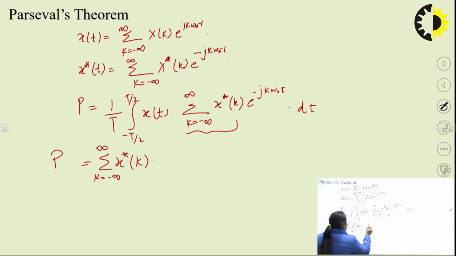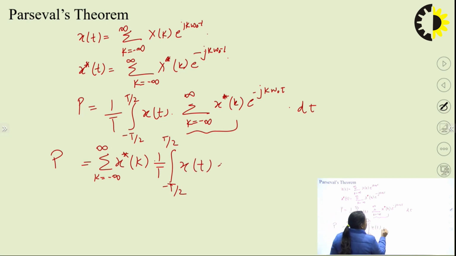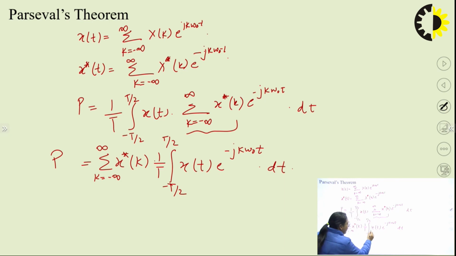And I can write 1 by T outside as well, with the integral from minus T by 2 to T by 2 of x(t) e raised to the power minus j k omega naught t dt. This integral from minus T by 2 to T by 2 is over one period of the signal.